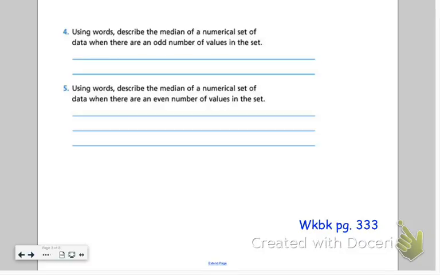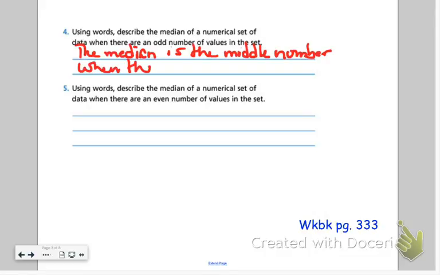Okay, so number 4. Using words, describe the median of a numerical set of data when there are an odd number of values in the set. So let's see. The median is the middle number when the numbers are in order. Okay?